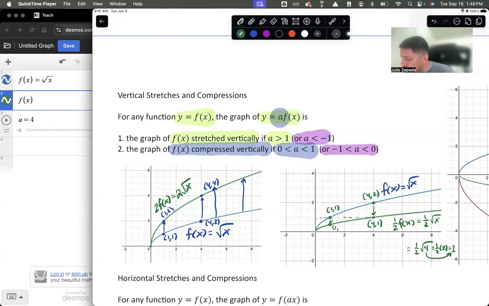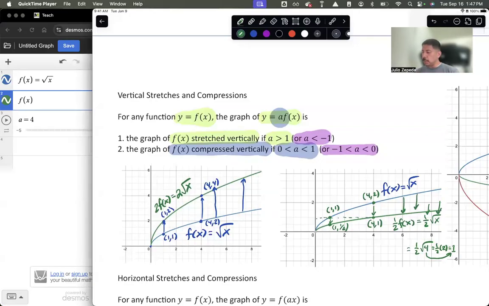The x value stays the same. The only thing that we're changing is we're multiplying the y value, the square root of x, by 1/2. So the y values all become half of their size. Okay, and so hopefully you can see this whole function just reduces to half of its size. Every single point, the y value gets cut in half.